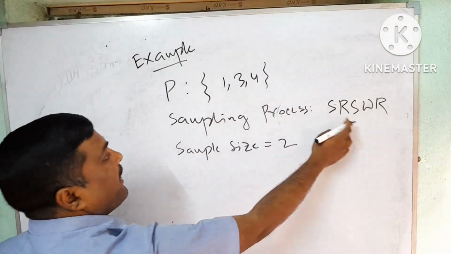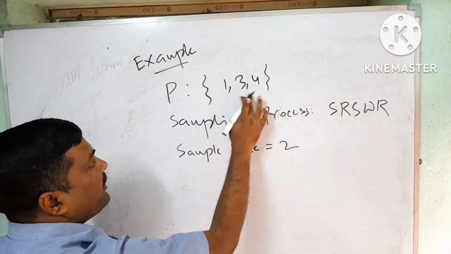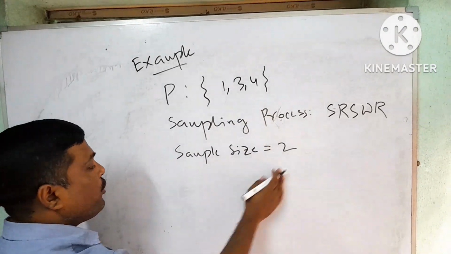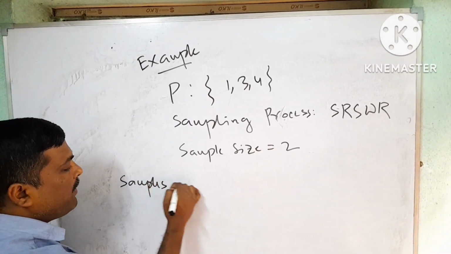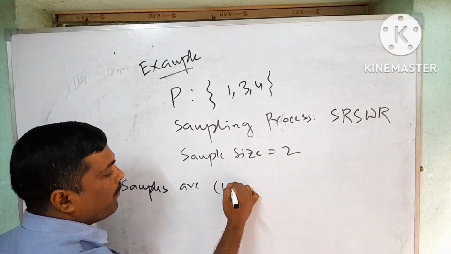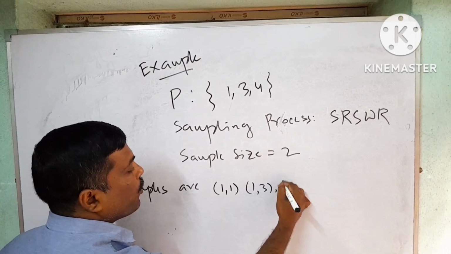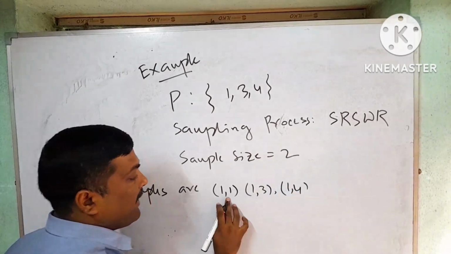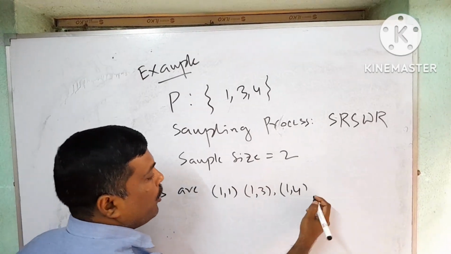What are the samples? With sample size 2 with replacement, the samples are 11, 13, 14.